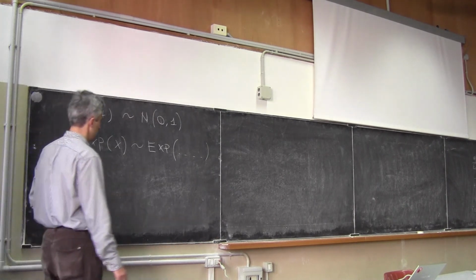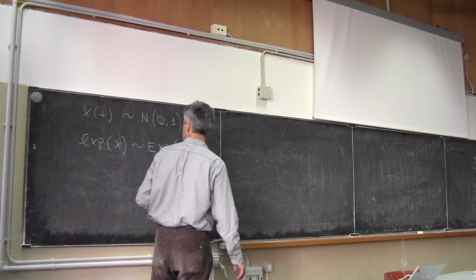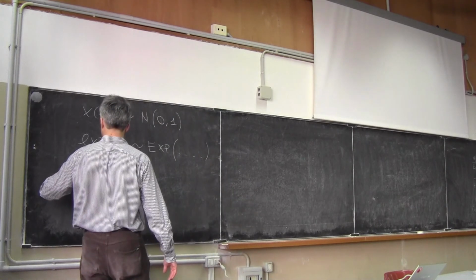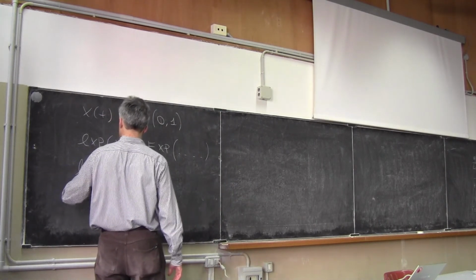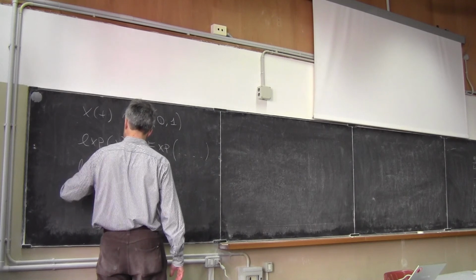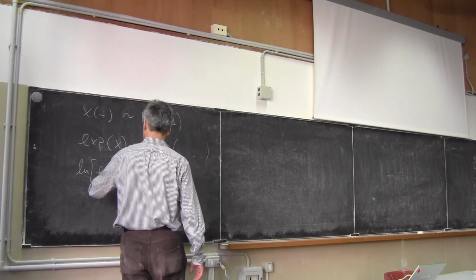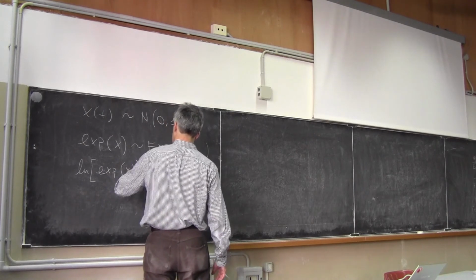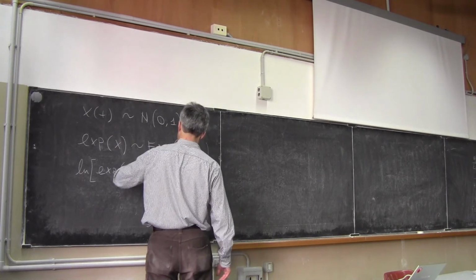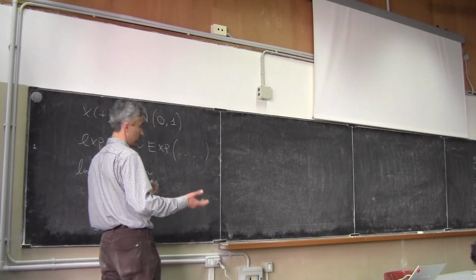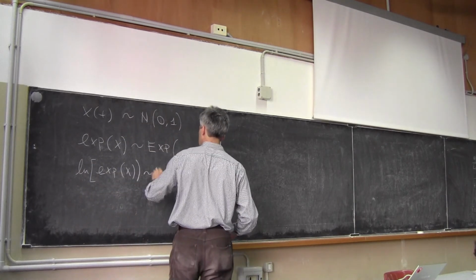And be careful, if you then take the logarithm of the exponential of x, then of course you get again a normal 0, 1.